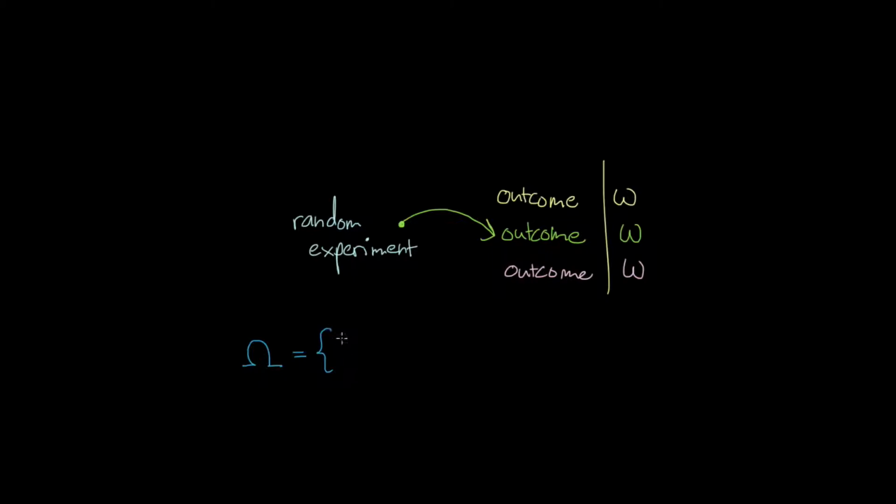We're just going to sort of cheat and write all of the outcomes here. So this is a set of all of our little lowercase omegas. Or using the notation we introduced in the previous video, we have all the omegas such that omega is an outcome of this particular experiment.